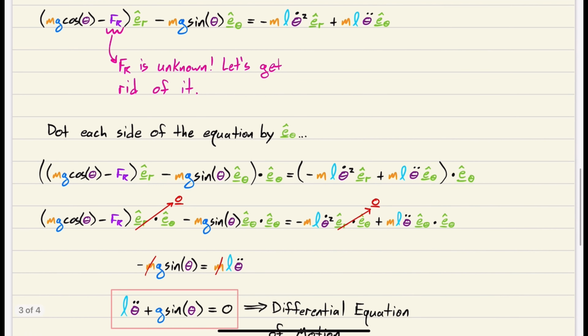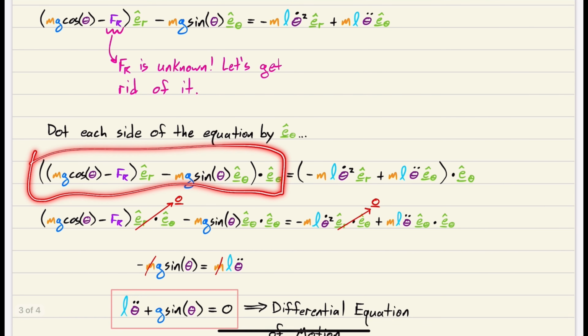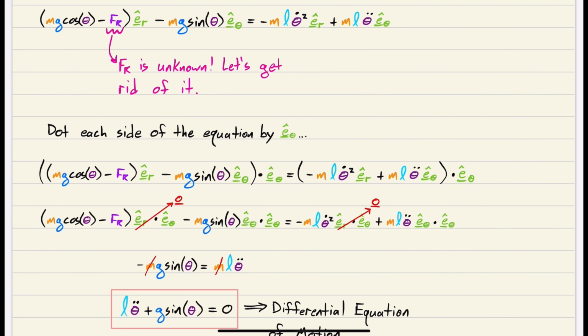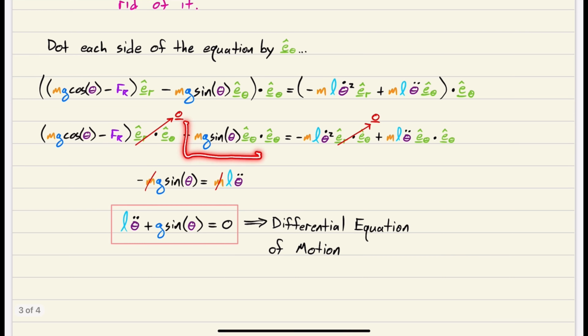When we do that, that's what we've written right here. We're dotting the left side by e_theta, and we're dotting the right side by e_theta. When we distribute, e_r dotted with e_theta is equal to 0, and you can see that killed the F_r term. e_theta dotted with e_theta is just 1. e_theta dotted with e_r, again, 0. e_theta dotted with e_theta is 1. So what are we left with? We're left with this term and this term.